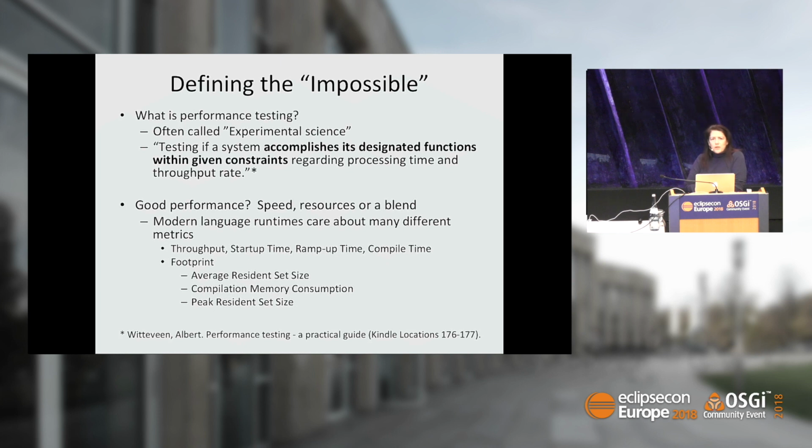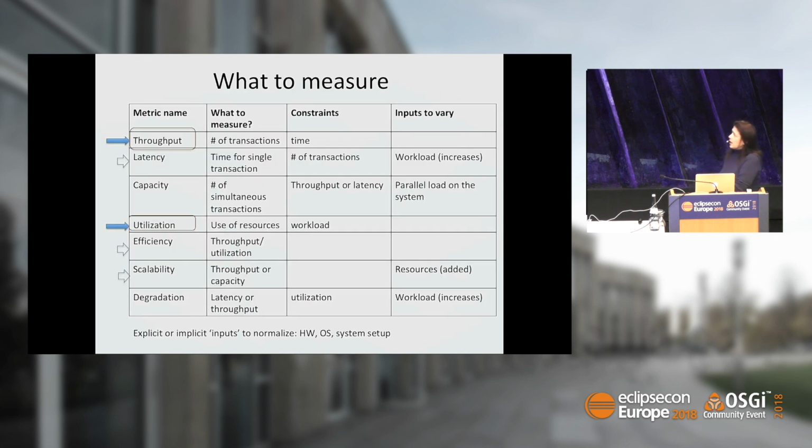Instead of trying to boil the ocean, we decided we would take a look at just a couple of things, because if you properly measure a couple of the metrics, you can actually get to some of the other metrics. They're derived from some of these measurements. So can we measure throughput, and can we measure utilization? We can keep it simple for the first bit.